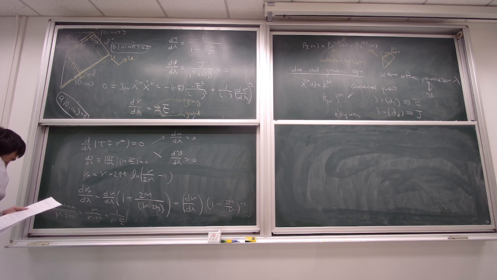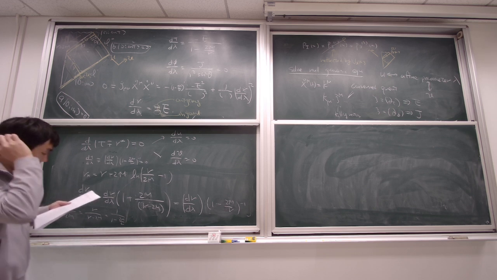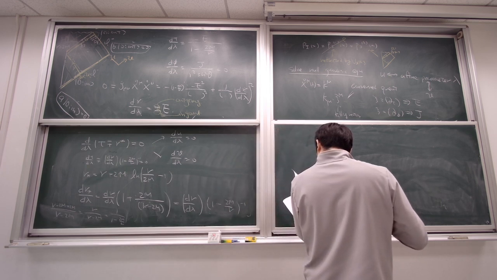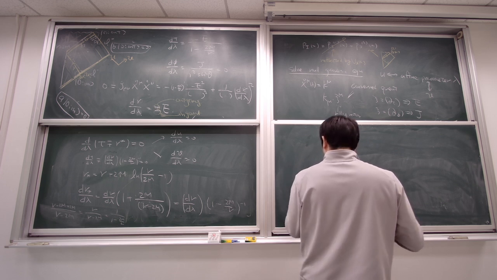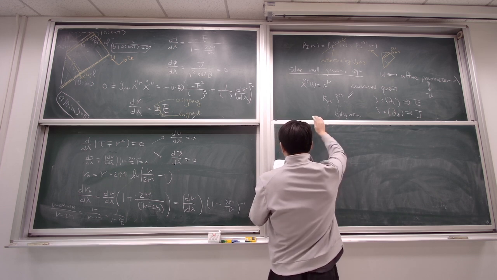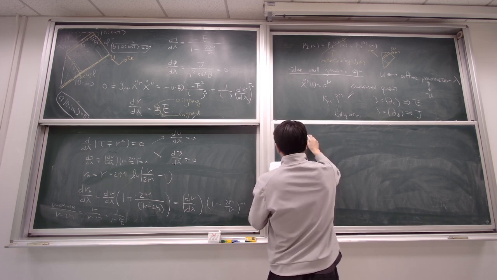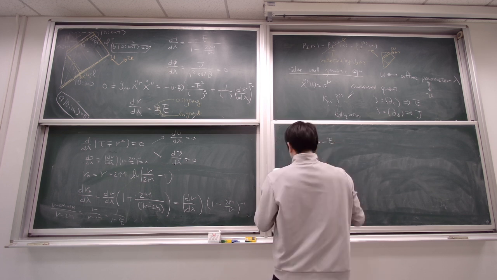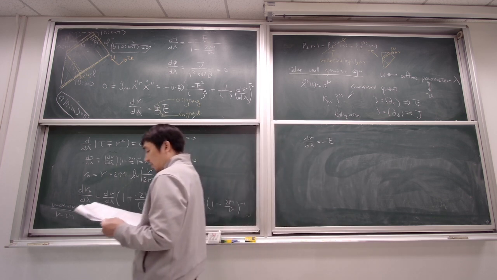Sorry, just a moment. Sorry, so what I'm doing here? So then dr over d lambda is equal to minus epsilon, right?